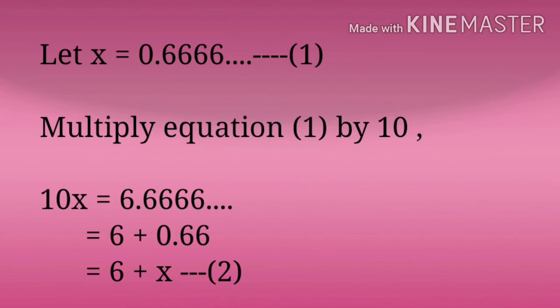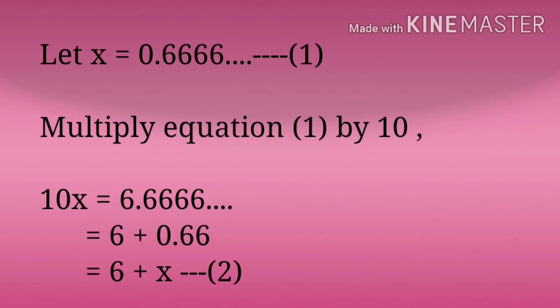Because in 1.27, after the decimal point, how many repeating numbers are there? 2, 7, right? 2 numbers are there. 27 or 2, 7, that is repeating. So you can take 100.